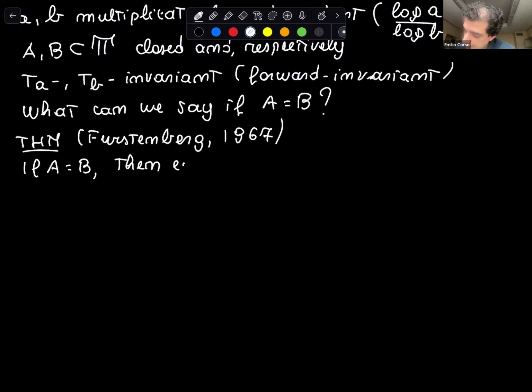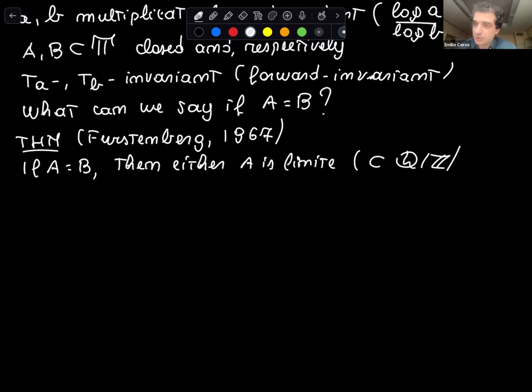So either A is finite, in which case it is contained in Q mod Z and consists only of rational points, or it is everything. It's the full ambient space.